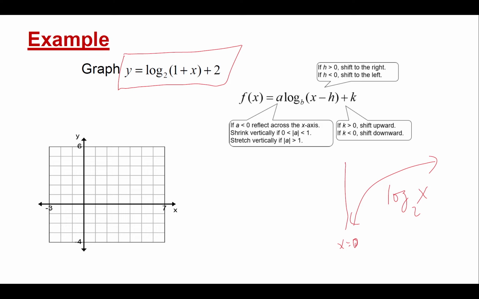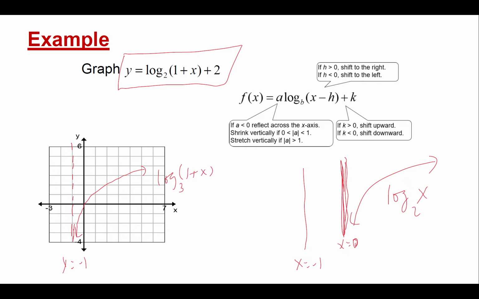So when we shift this graph 1 unit to the left, the vertical asymptote x equal to 0 shifts to x equal to -1. So this is our vertical asymptote x equal to -1, and the graph of log base 3 of (1 plus x) looks like this.